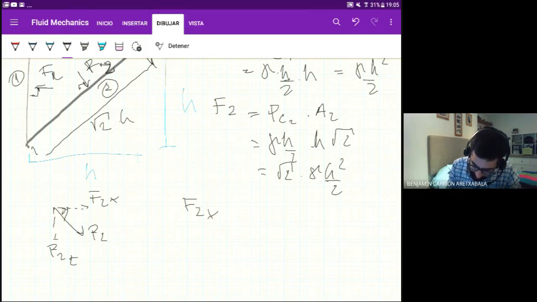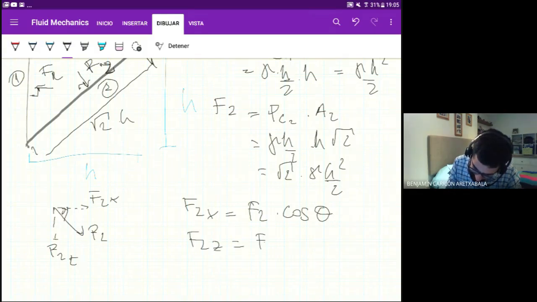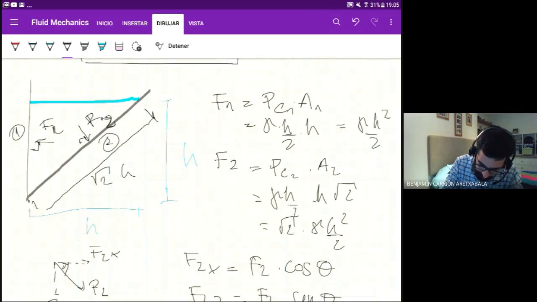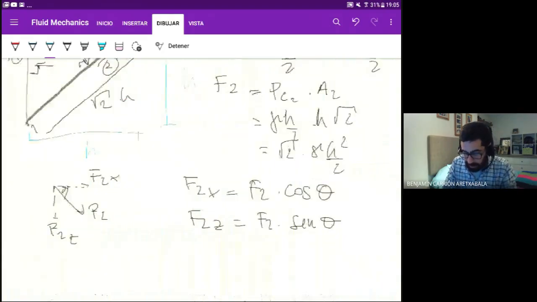F2x is going to be F2 cosine theta, and F2y is going to be F2 sine theta, but since theta is 45 in this case, these two are the same, and I think it's 1 over square root of 2.